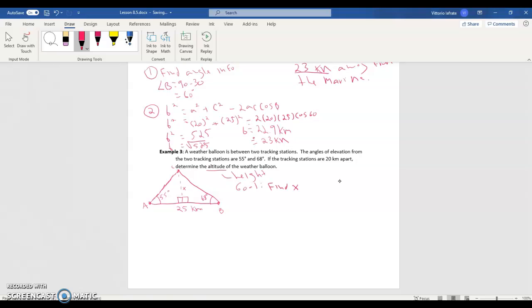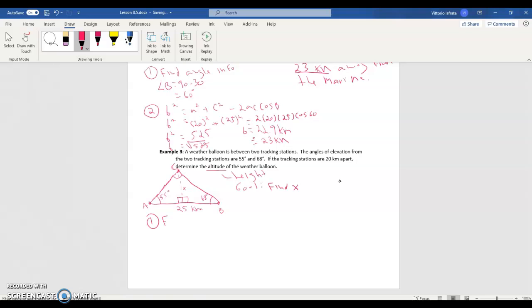Maybe I can try to find this side somehow. And you probably could. So you'll notice that you actually do have this larger angle here. So we'll call that larger angle angle C, because it's from the corner C here. Okay. So that's our first step.